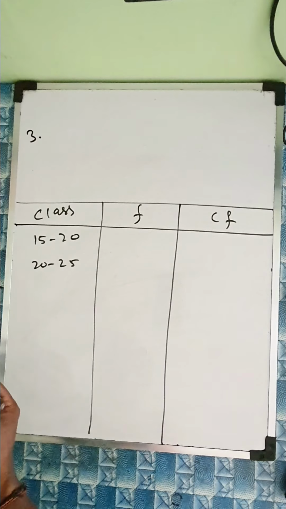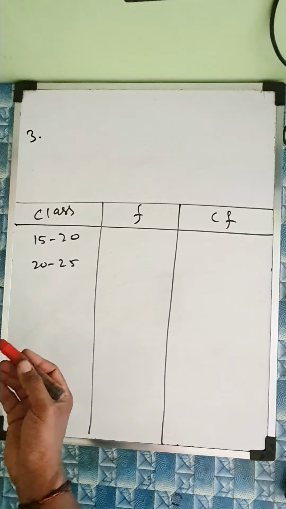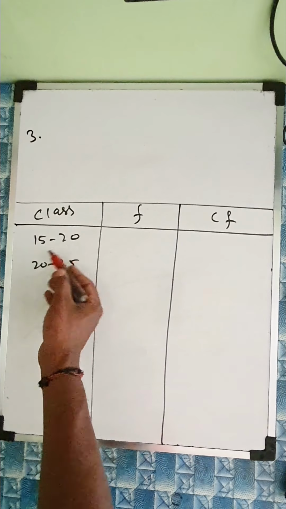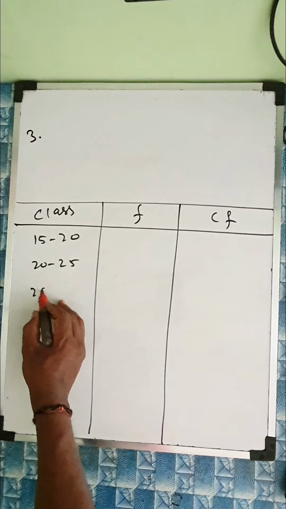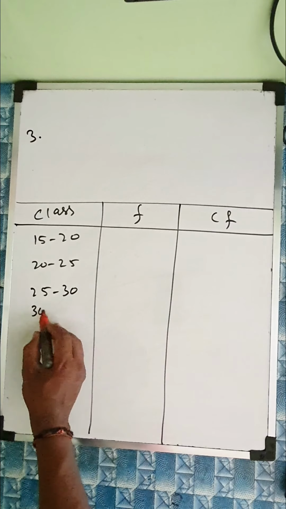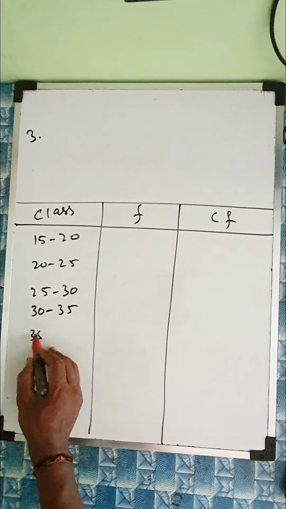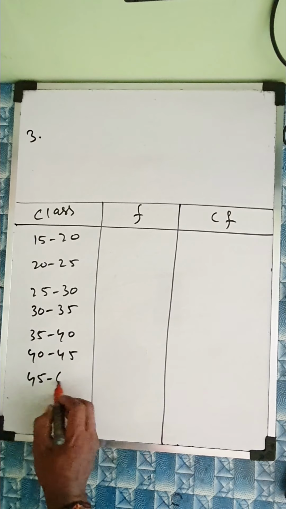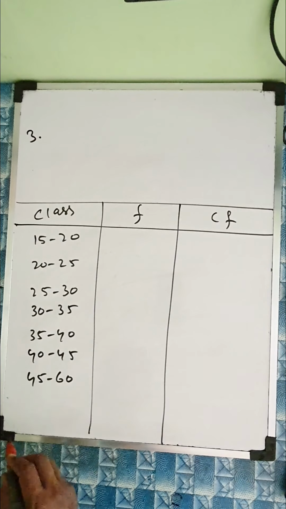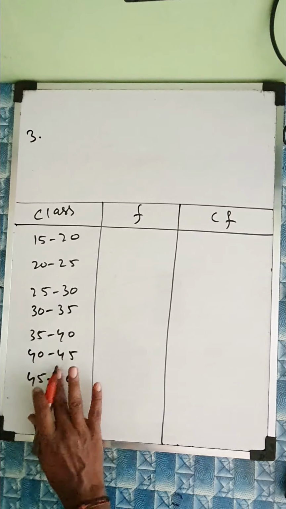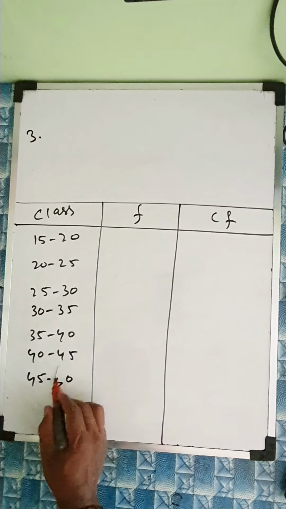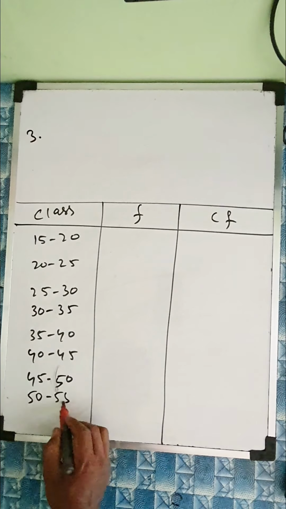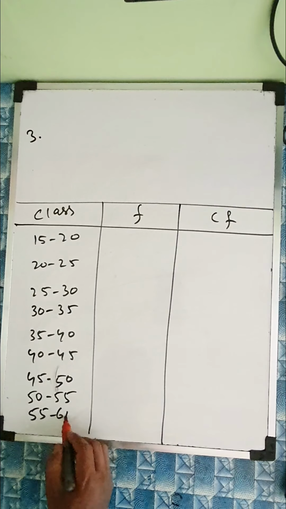They're giving policies only for persons 18 years and above, but we'll just write 15 to 20. Okay, and 25 to 30, 30 to 35, 35 to 40, 40 to 45, 45 to 50, and 50 to 55, and 55 to 60.